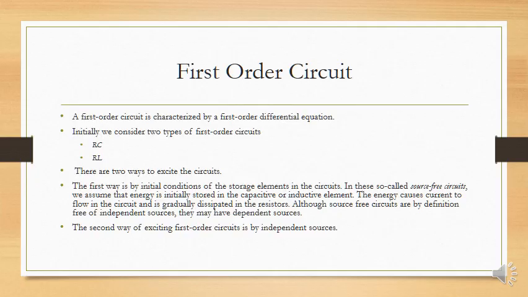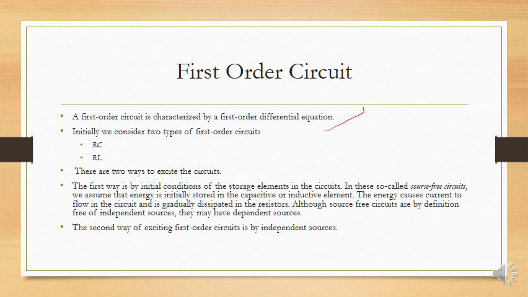So what are first order circuits? First order circuits are characterized by first order differential equations, meaning the circuits which form differential equations of first order are called first order circuits. As you all know, when we were working on simple circuits without any memory component present in them, we didn't get any kind of differential equations.